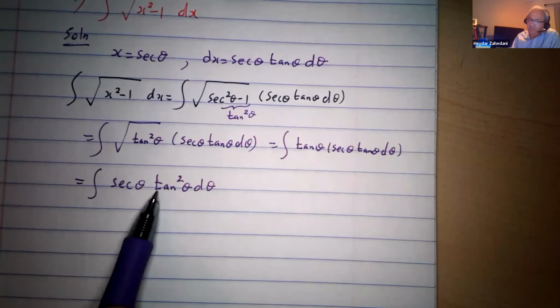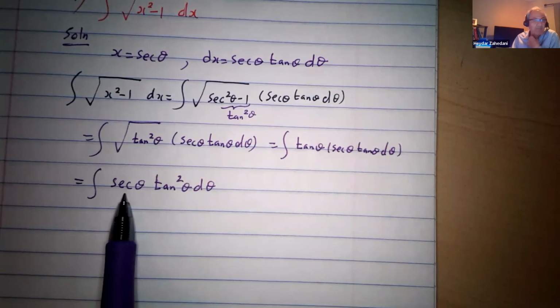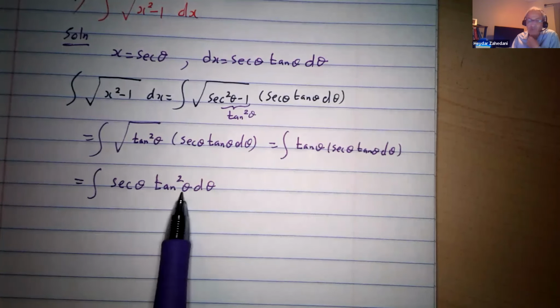You see, you end up with the even power of a tangent. Then you'll be in trouble, because if you want to stay with the tangent, you need a secant squared that you don't have. So you cannot take this one to be u.